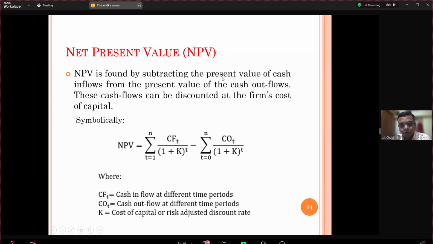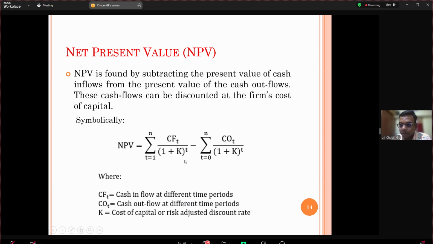The moment you make an investment, the cash inflow will not happen. That is the reason T starts from 1 here. So COT means cash outflow at different time periods. Cash outflow can happen at T0, T1, T2, T3 and so on. But cash inflow will not happen at T0. So that is the reason we have taken T1 to Tn.